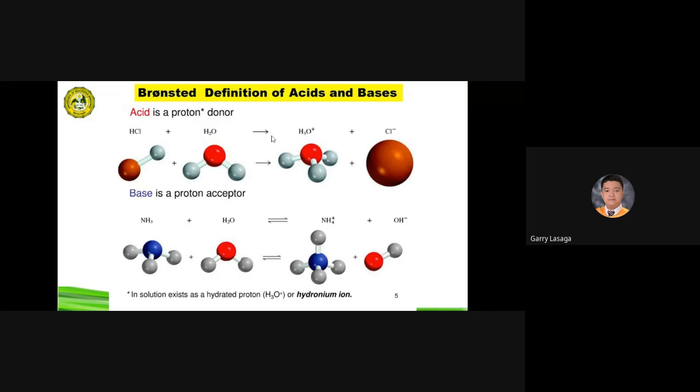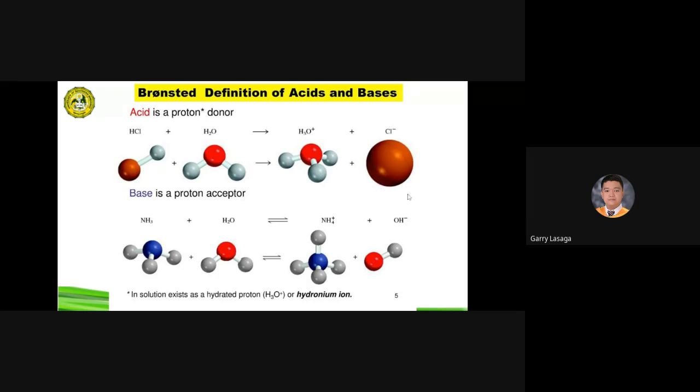So when this will happen, hydronium ion will be formed and chloride ion will be formed. So our hydronium ion is considered to be a conjugate acid, while chloride ion is regarded as a conjugate base. So bakit tinawag siya na conjugate acid? Tinawag siya na conjugate acid because it takes an extra hydrogen ion or H plus.